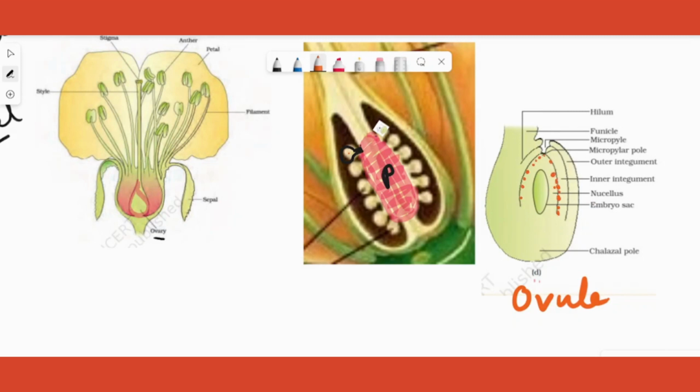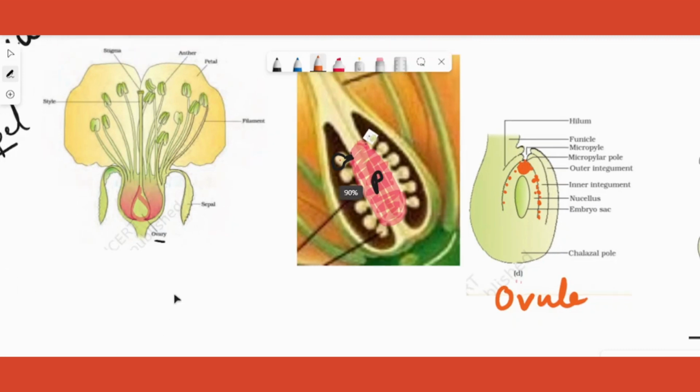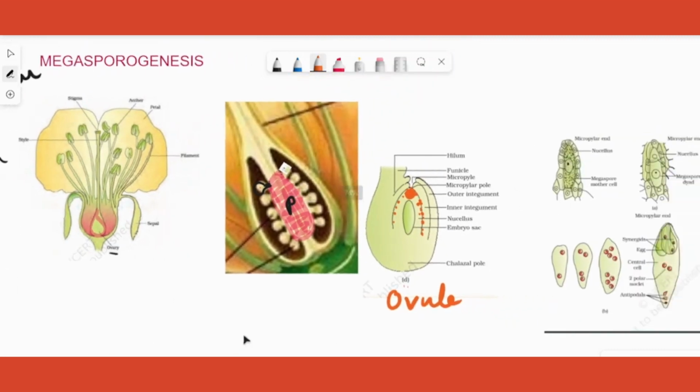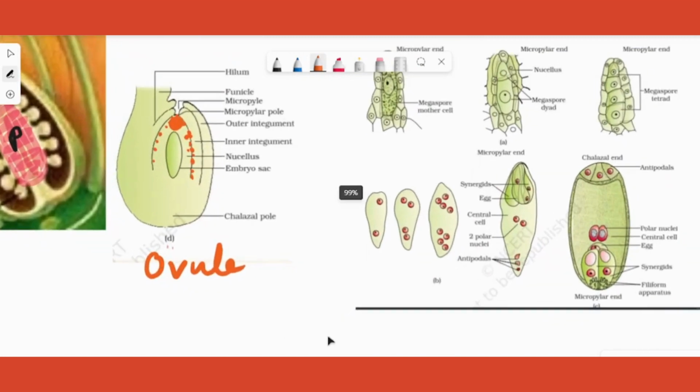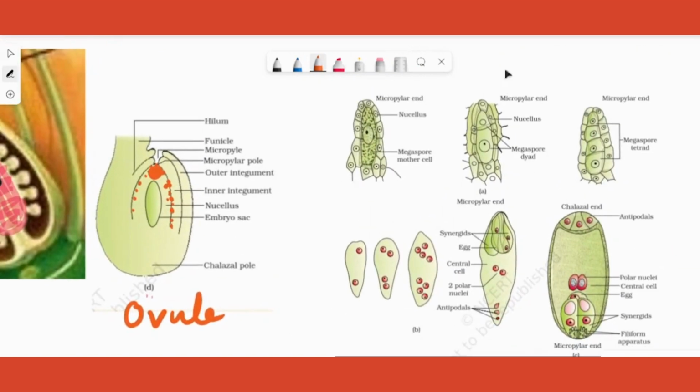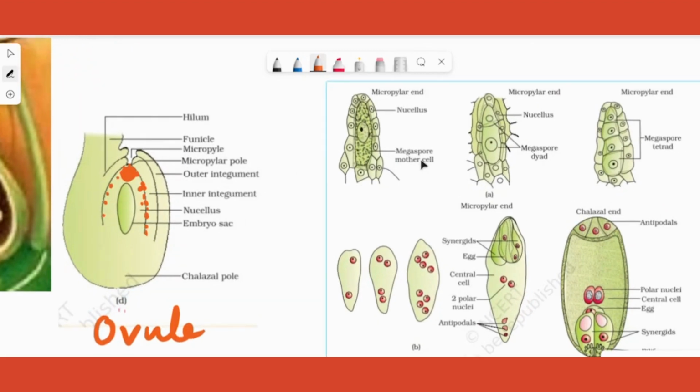In the nucellus, towards the micropylar end, on this side, there are a few cells that are going to be differentiated to form the MMC. MMC is nothing but the megaspore mother cell, similar to our pollen mother cell. From there we got the meiotic division, and then we got the microspores, isn't it?